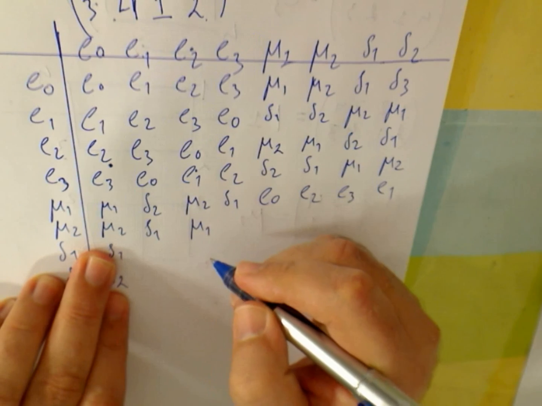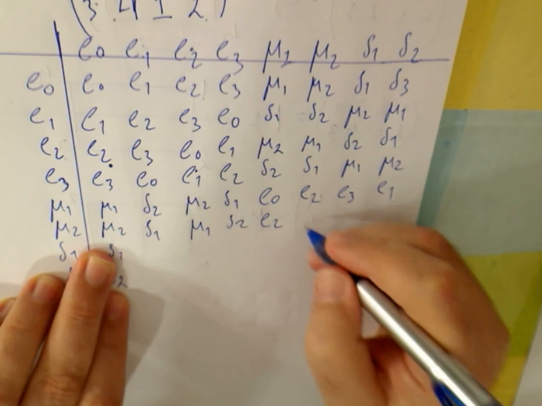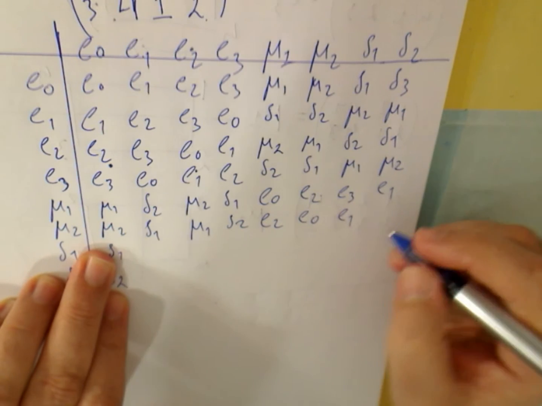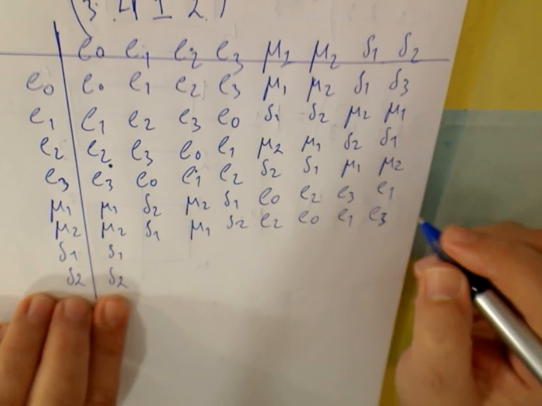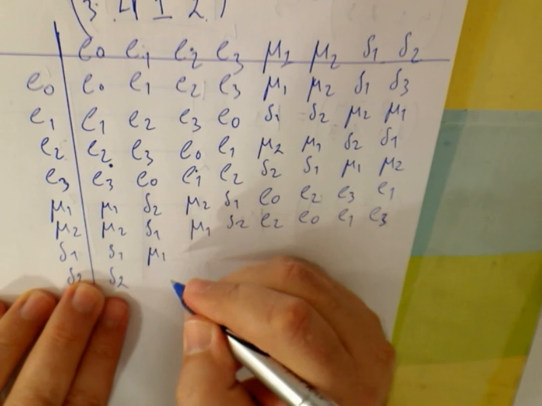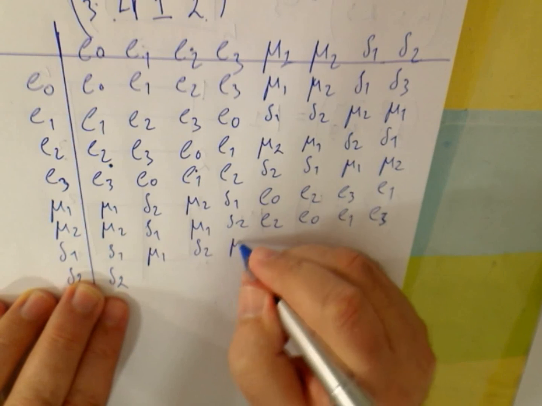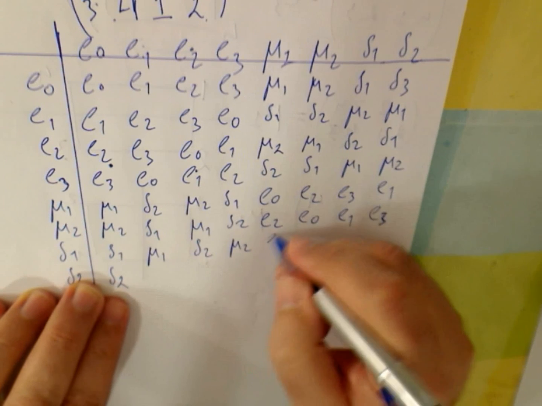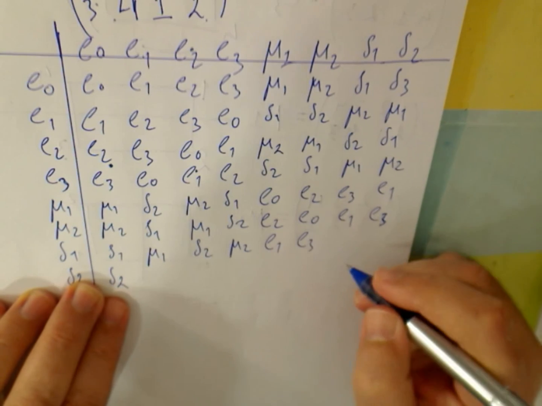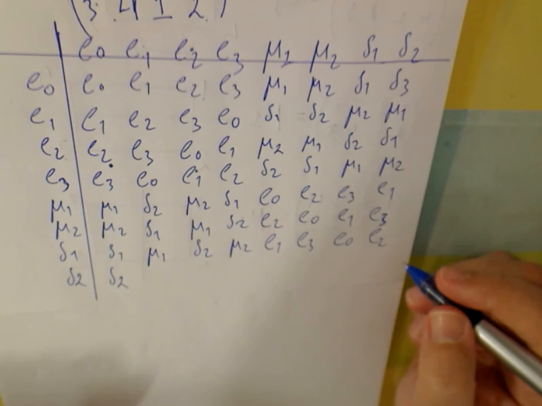Delta 1, mu1, delta 2, R2, R0, R1, R3. R1, R3, R0, R2.